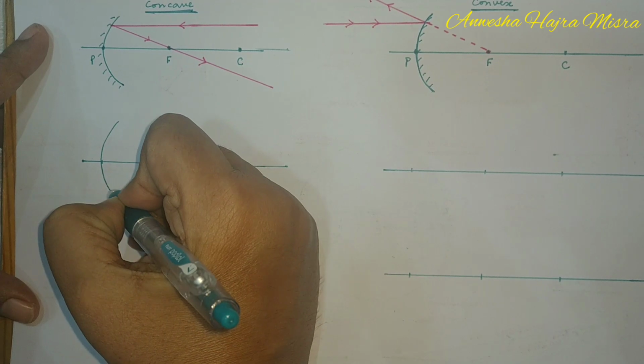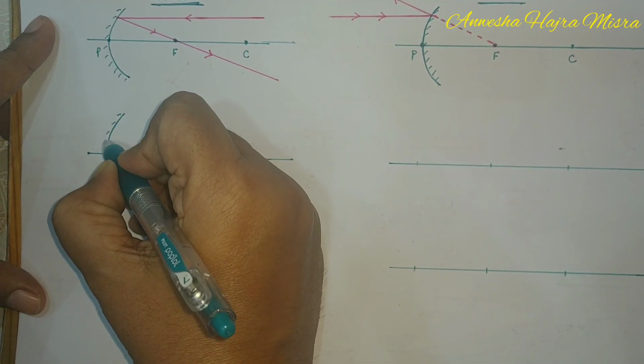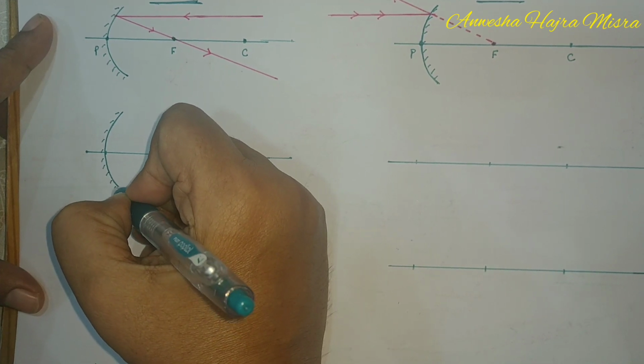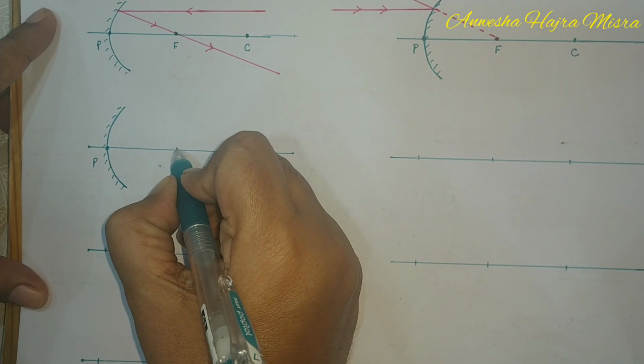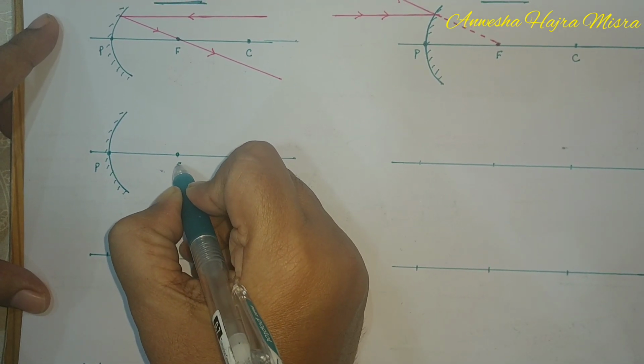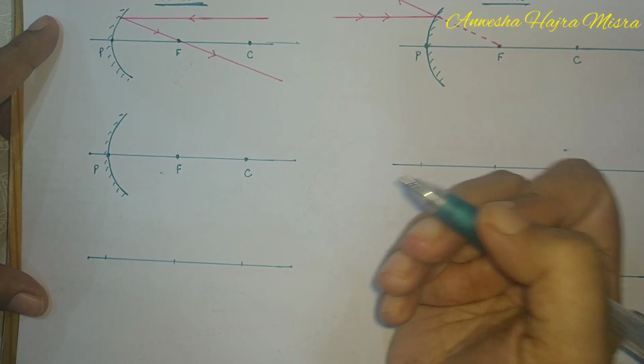This is my concave mirror. This is my pole. This is my focus. This is my center of curvature.